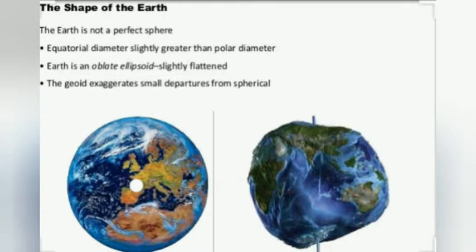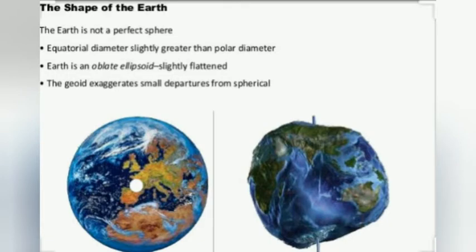The equatorial diameter of the Earth is 12,756 km, and the polar diameter is 12,714 km. The difference of 42 km in the diameter is the proof of the geoid shape of the Earth.